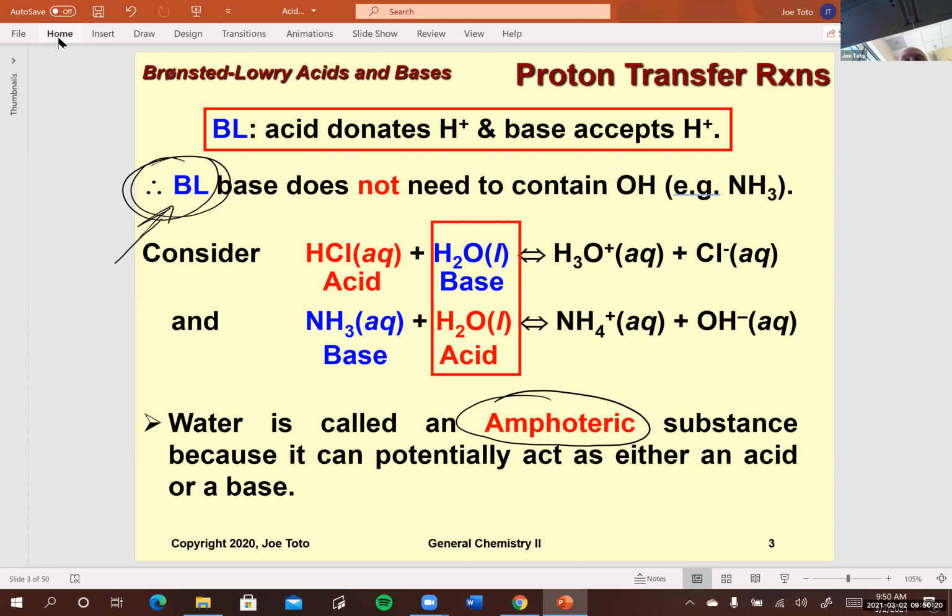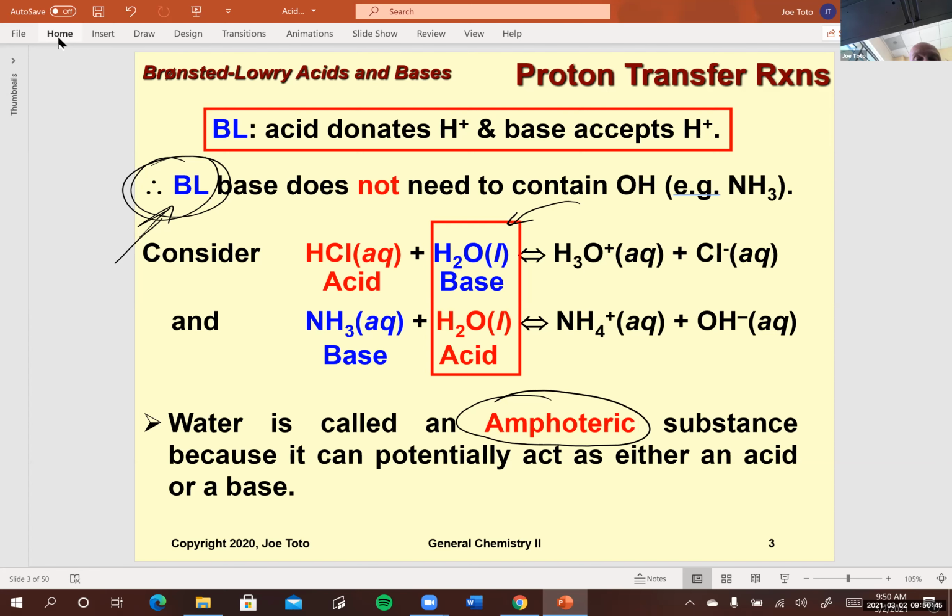It can act as an acid or a base, which begs the question. If someone says, what is water? Is it an acid or a base? Your answer is, I don't know. Tell me how it behaves. So it's really the behavior that you have to look at to define something as being an acid or a base.